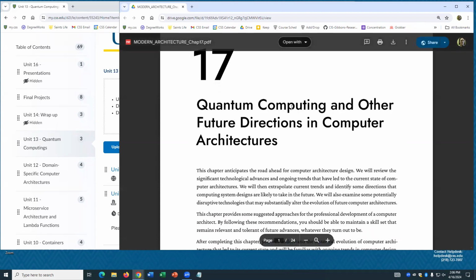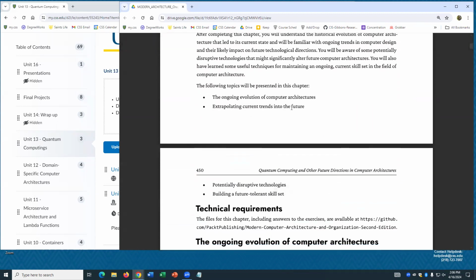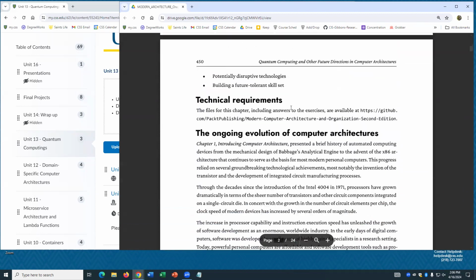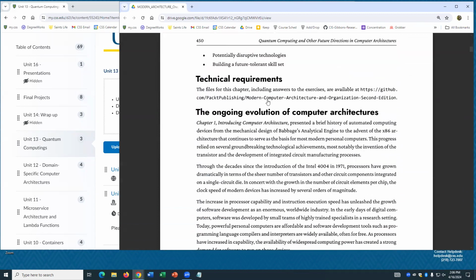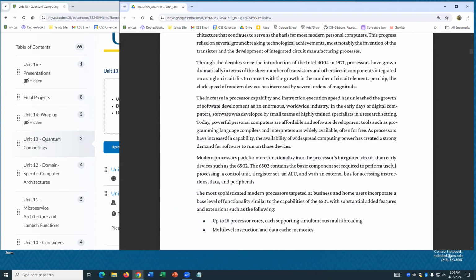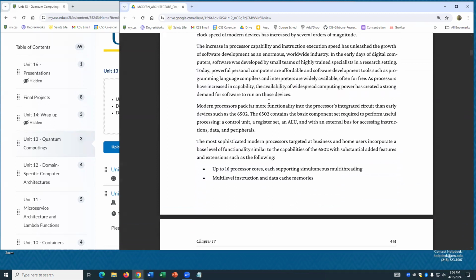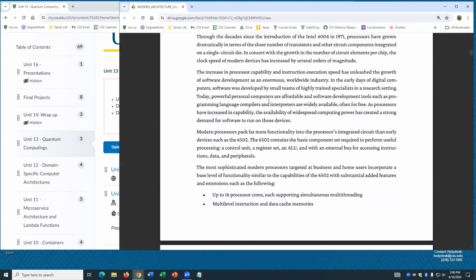So I'm just going to walk through this today and have you work on the exercise. The beginning of the chapter just talks about some of the ways we've seen computers or processors expand or grow throughout history.